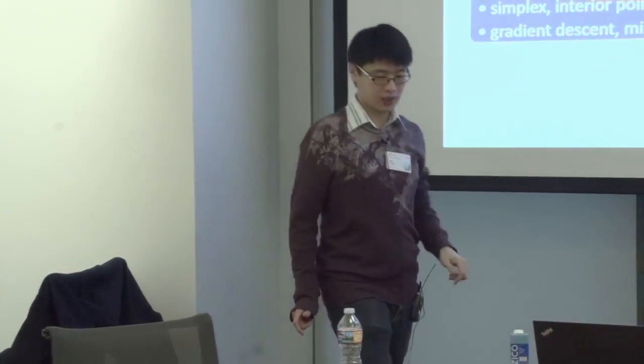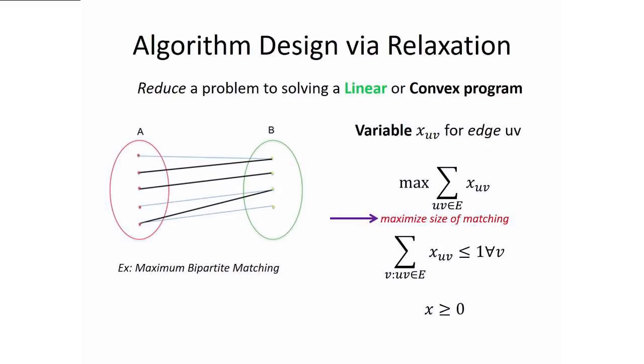So to give you an example of a linear relaxation and a convex relaxation, here's the most classical application of linear relaxation. It's the maximum bipartite matching problem. So you have a bipartite graph, and you want to find a maximum cardinality matching.